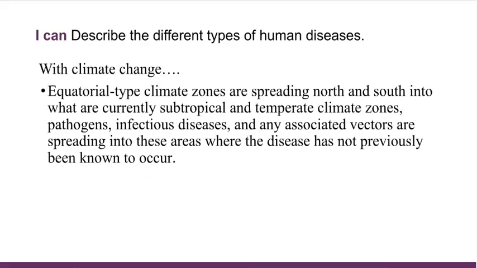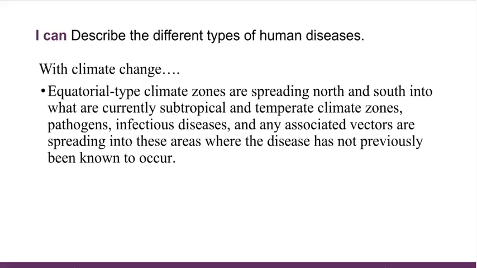All right, let's talk about climate change. So there are some diseases that are equatorial type. That means they like hot weather, hot and moist weather. And they are spreading north into higher latitudes and south towards the South Pole into places that would be considered subtropical.